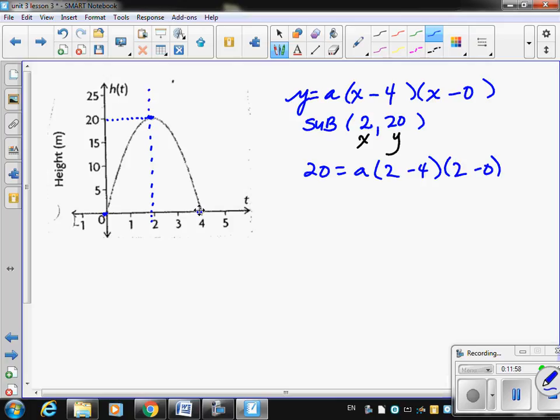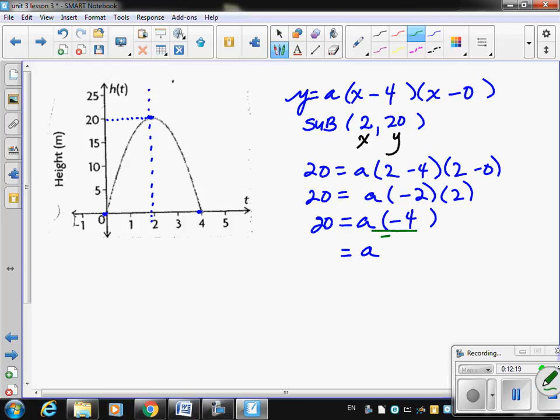And some quick algebraic tidy up. 20 equals a times 2 subtract 4 is negative 2. 2 subtract 0 is 2. 20 equals a times negative 2 times positive 2 is negative 4. To get a by itself, we divide both sides by negative 4, which will give us negative 5.